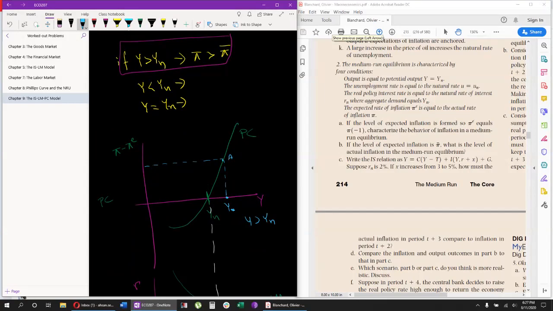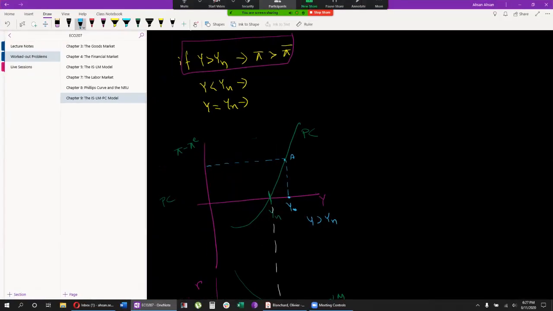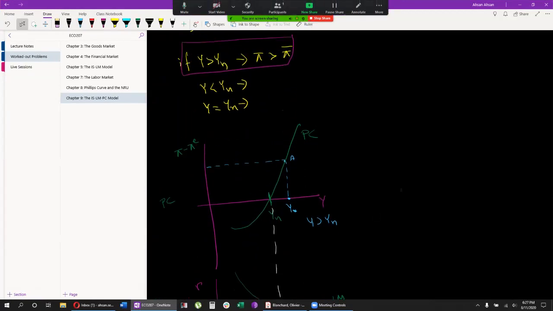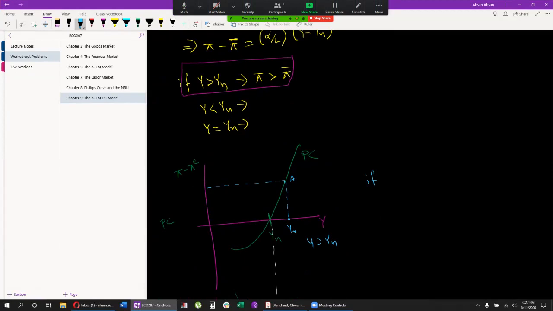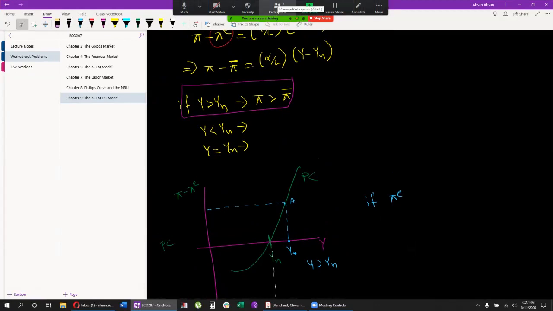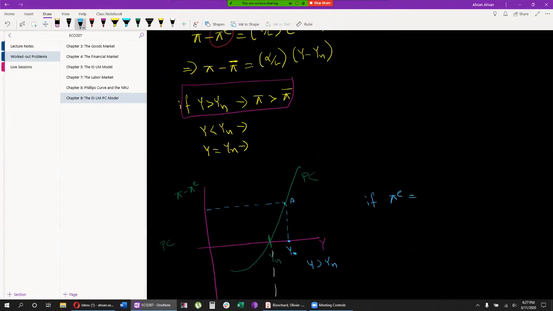In the first case, where expected inflation is formed by keeping an eye on previous year's inflation, then when Y is more than Yn, we've already written this down.